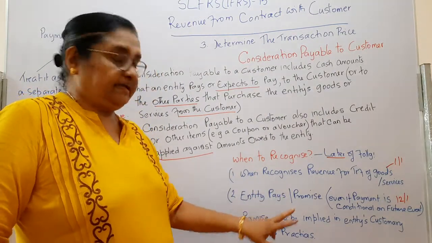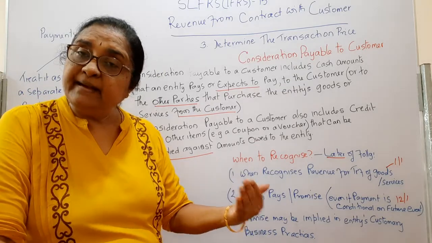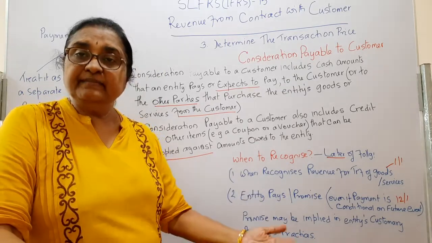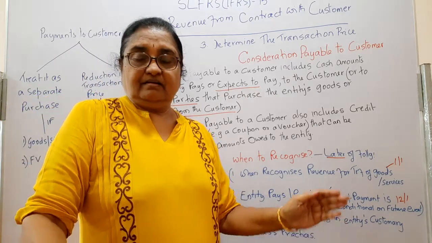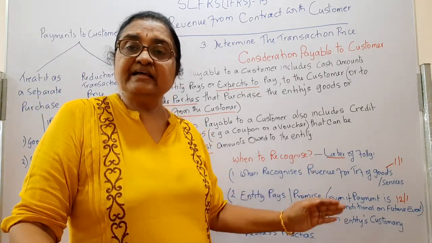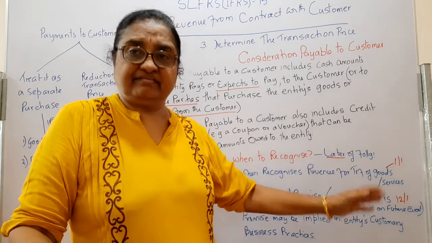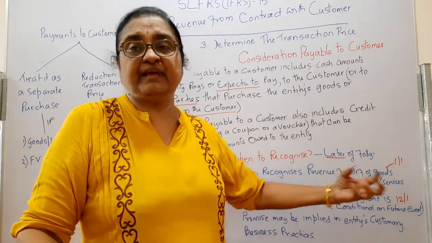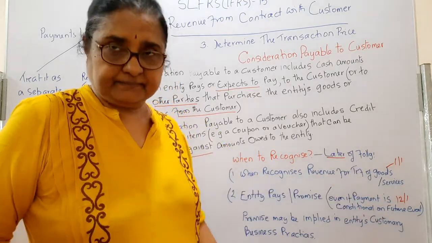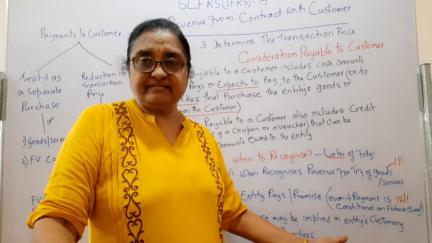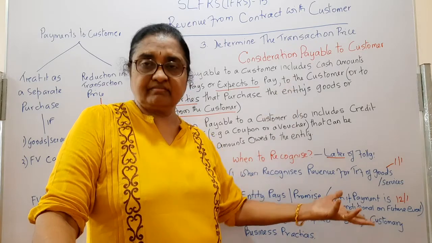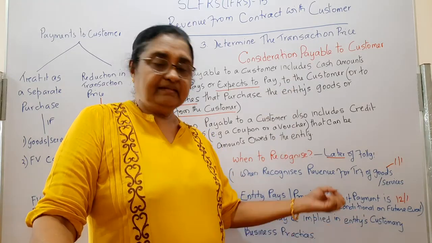The promise can be implied. How can it be implied? It is understood from the past business practices, the customary business practices of the entity. Issuing coupons, if it is a past practice, then that is a promise.